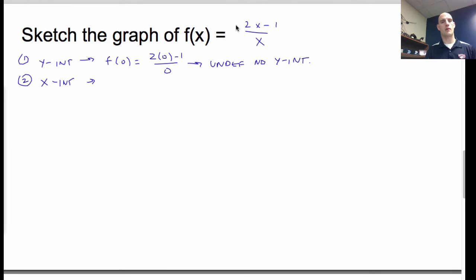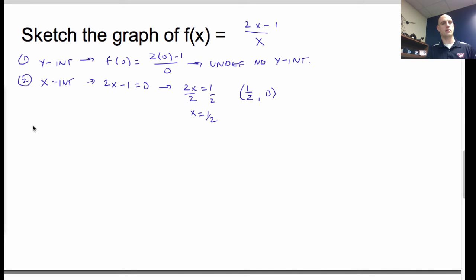2, my x-intercept. And that's going to be where my top is equal to 0. So 2x minus 1 equals 0. And so I've got 2x equals 1. So I divide by 2. x equals 1/2. So it's x equals 1/2, comma 0, because it's my x-intercept.